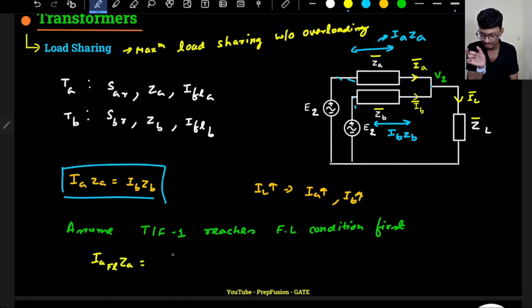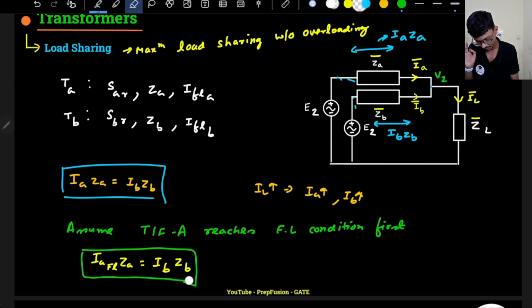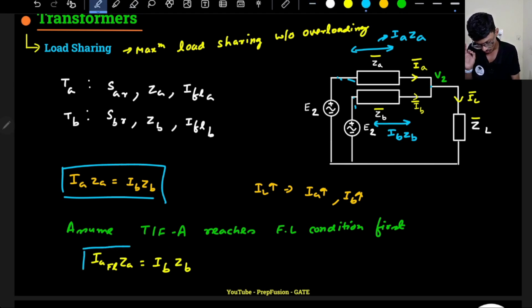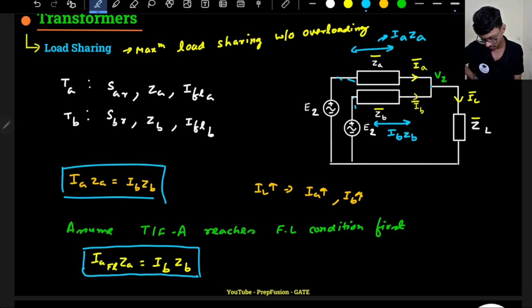Since transformer A has reached full load first, transformer B is yet to reach full load, so this will be equal to IB into ZB. This is a very important condition, I will explain it in a bit. So IAFL ZA equals IB into ZB.